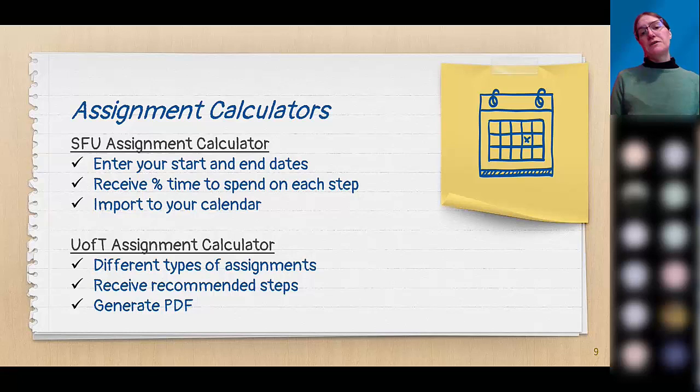So this assignment calculator not only gives you a recommended timeline, it also gives a guideline for how to approach the particular type of assignment. With the U of T calculator, you can also generate a PDF that provides the steps and the dates. Personally, I didn't find the PDF overly useful. I found it more useful to manually put the dates into my Outlook calendar.